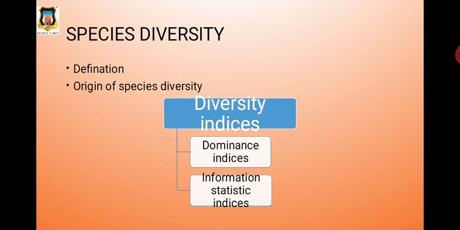Then, species diversity. Species diversity is defined as the number of species and abundance of each species that live in a particular location. It means the number of species found in a specific area, and this is called species diversity. Then origins of species diversity.